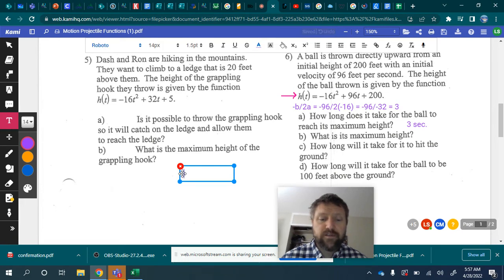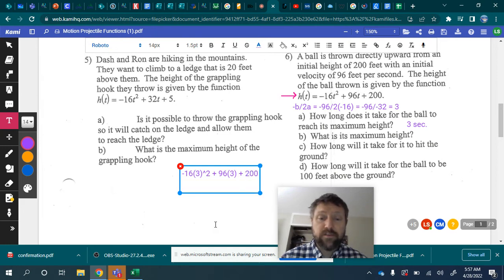So we got negative 16 times 3 squared. This is the quadratic term. Plus 96 times t, which is 3. That's the linear term, plus 200, okay?